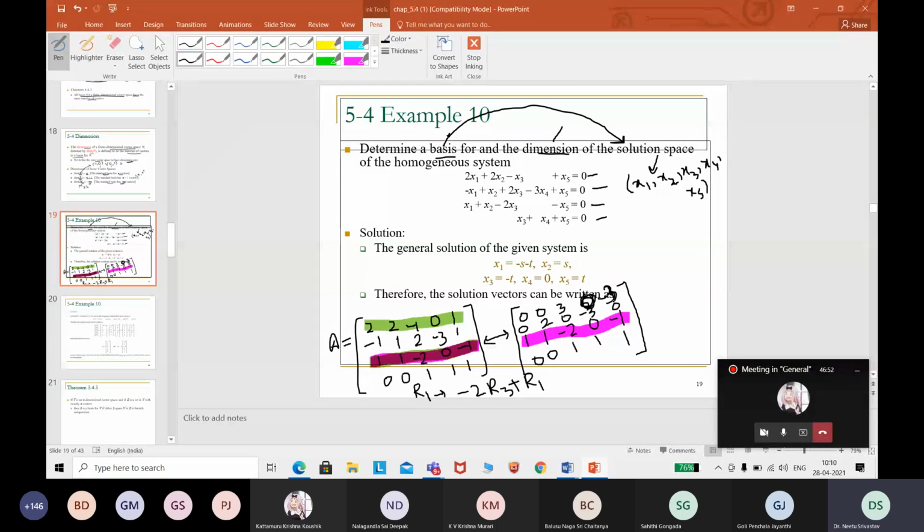It is not coming 3, ma'am. Rank is not 3. Okay, so let us solve it for now.